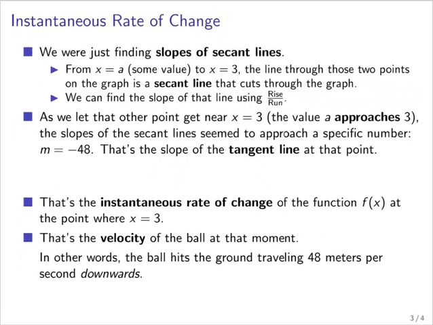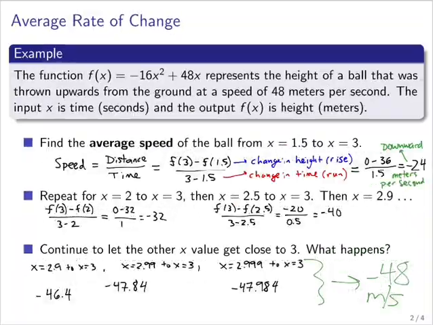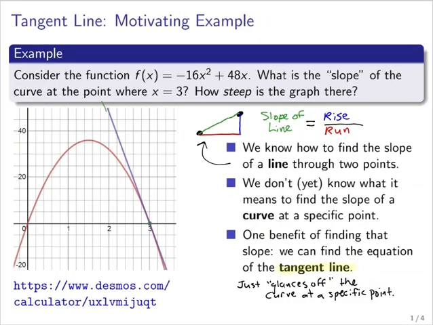And by finding the slopes of those lines, we were doing the rise over run concept. And as we let that point a approach 3, those slopes seem to approach a specific number. That's the slope of the tangent line at that point, negative 48. And so if you look at this graph here, indeed, the slope of that line right there that I have graphed for us is negative 48.